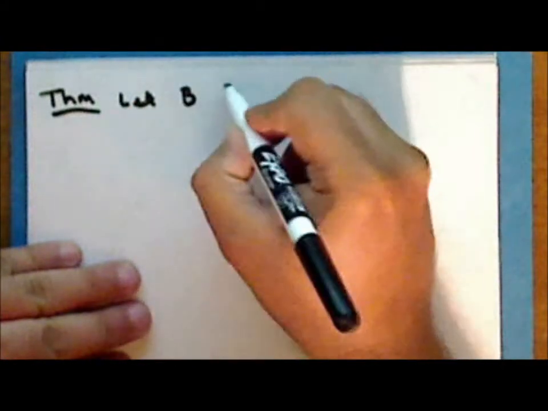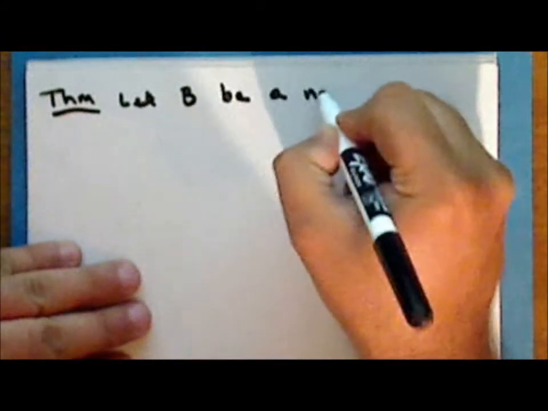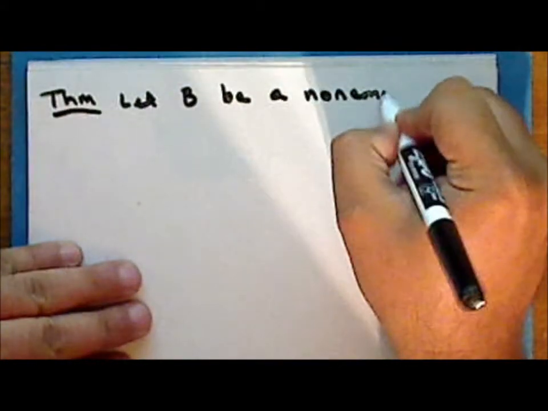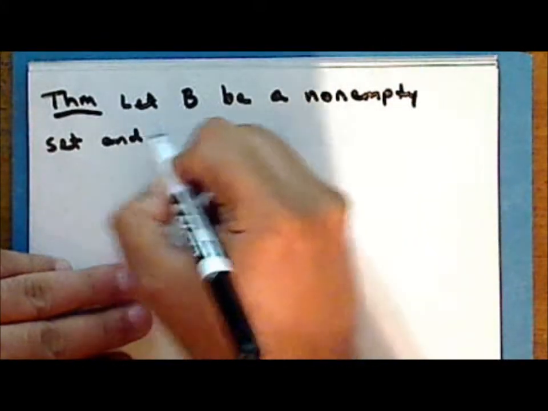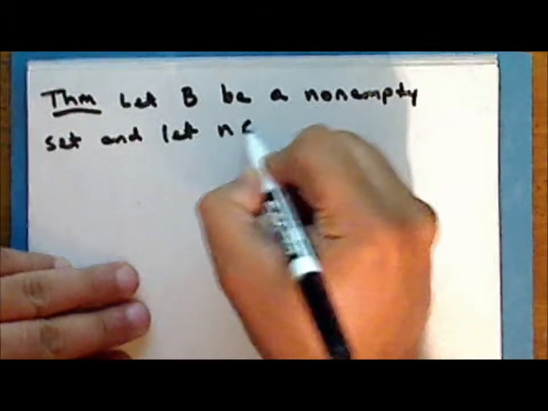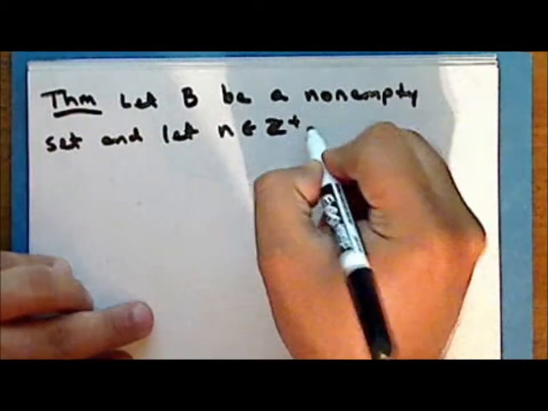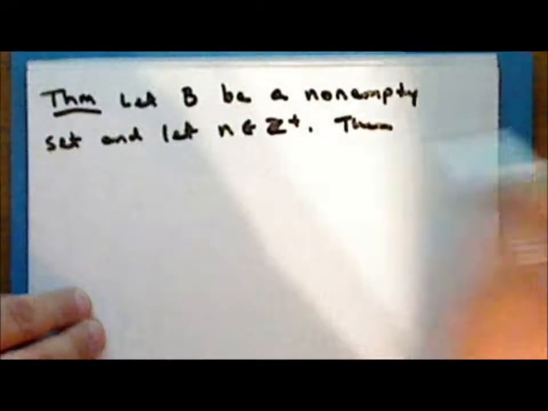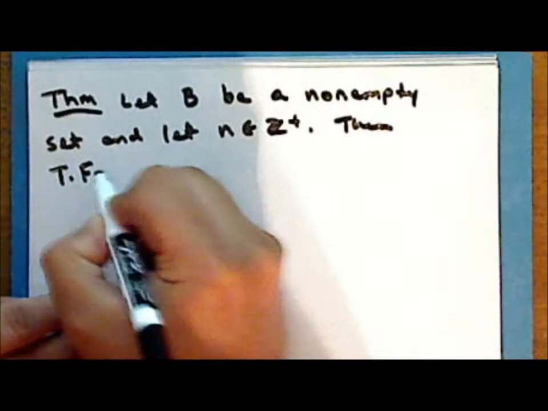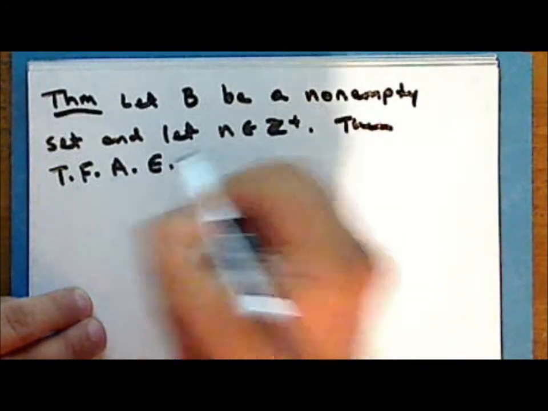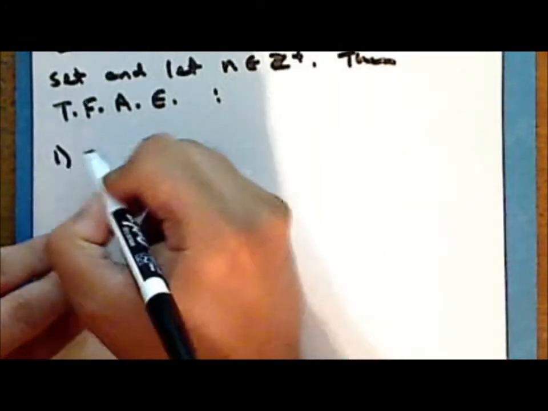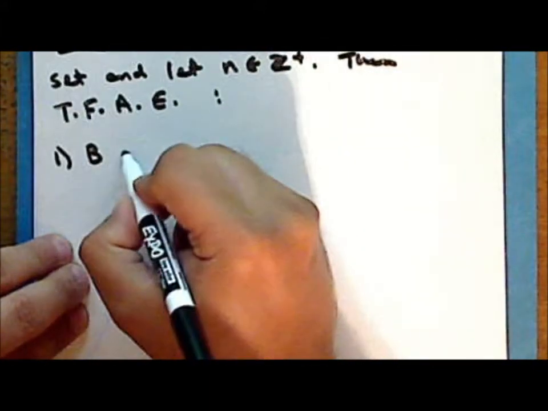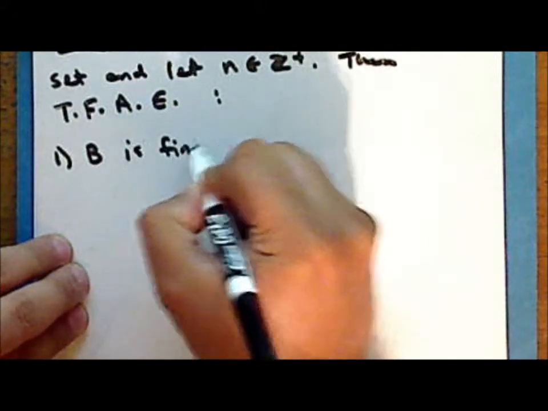So let B be a non-empty set and let n be a positive integer. Then the following are equivalent. B is finite.